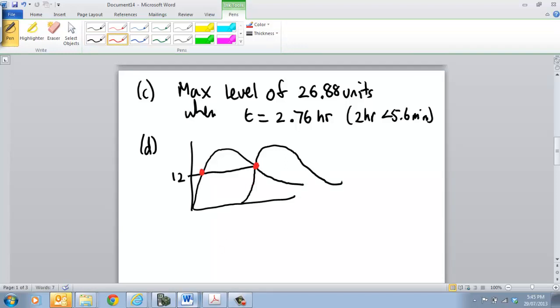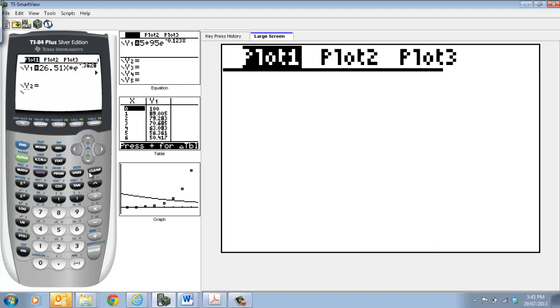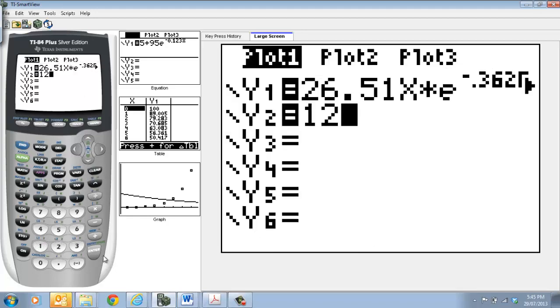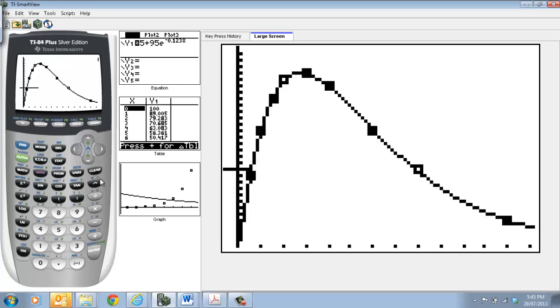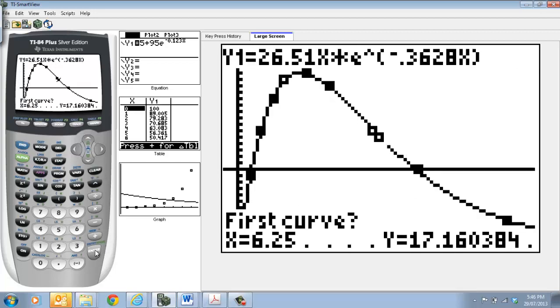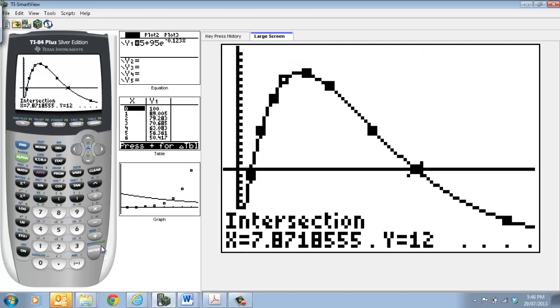Alright, so we need to find this time here, and we also need to find that time there. So if we go back to our calculator and go to our graph, we can put in another graph line over here which is 12 and graph that. We can find the intersect points of those two things by going to graph, going down to number 5, enter, and we'll find that time there to be equal to 7.875.